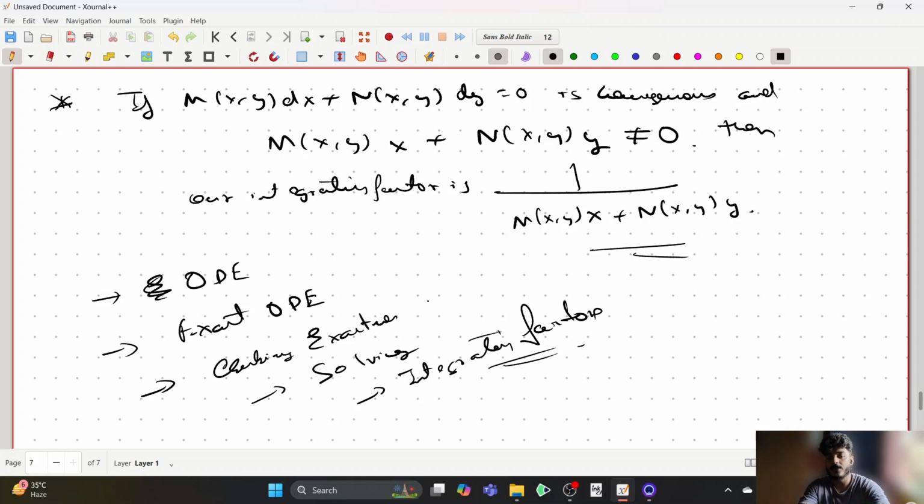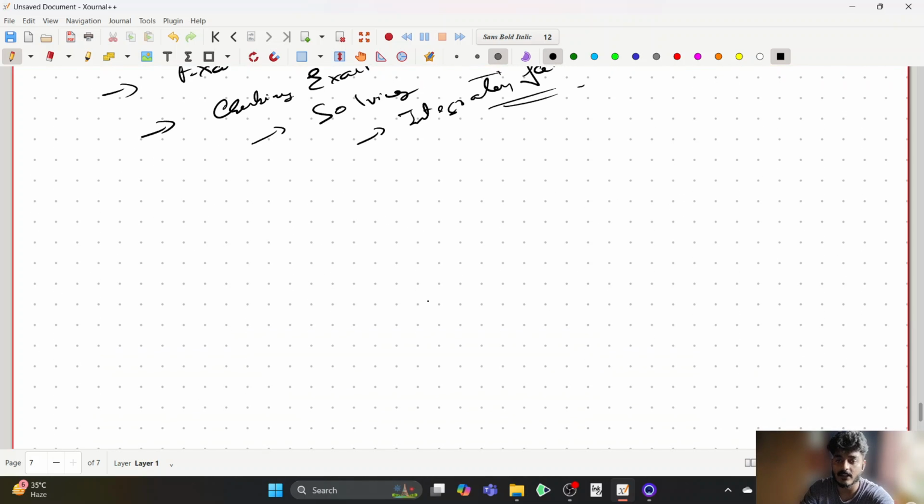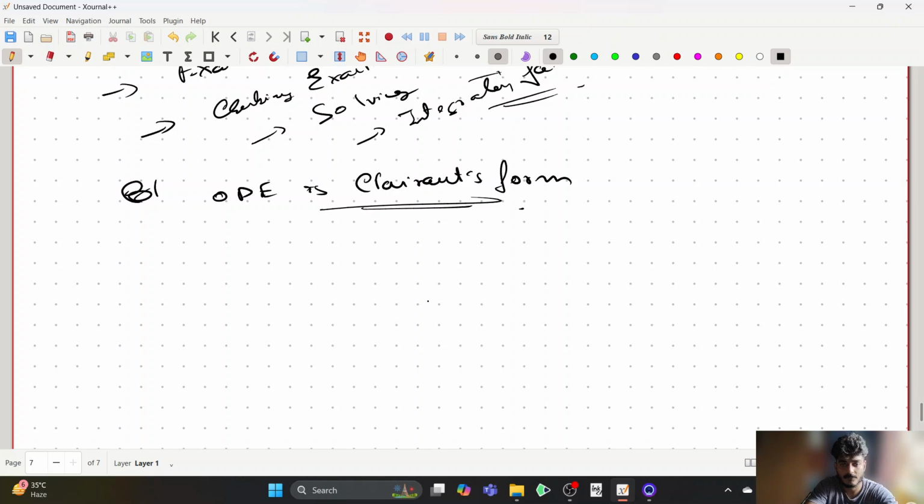So now we end this session by giving an example of a special type of ordinary differential equation once again, which is called the ODE in Clairaut's form. Fine.